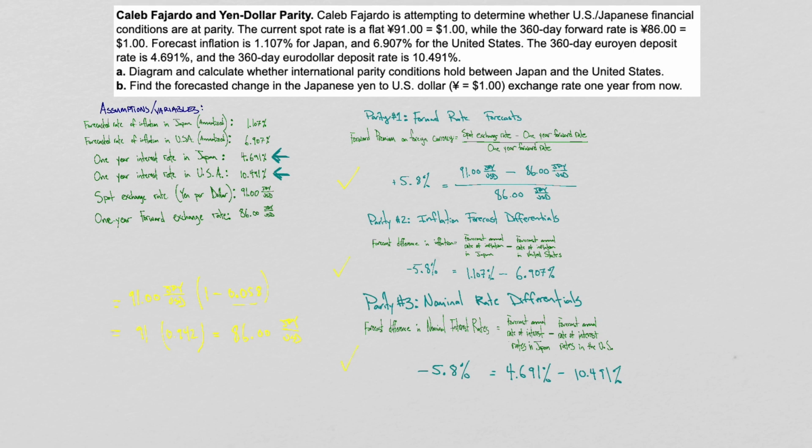Each one is saying, based on our current exchange rate, based on inflation differentials, based on a forecast of the current spot rate, based on the fact that the forward rate is currently 86 yen to the dollar, it's all pointing to a future exchange rate 1 year from now for the yen of 86.